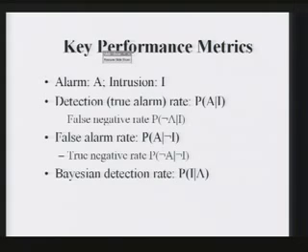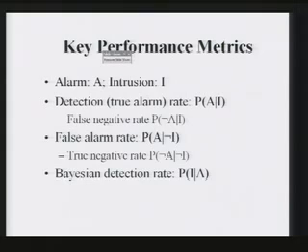Again, this is somewhat familiar to you, I'm sure. What are the key performance metrics if you want to evaluate how good an IDS is doing? Obviously, the most intuitive and most often used is the detection rate, right?